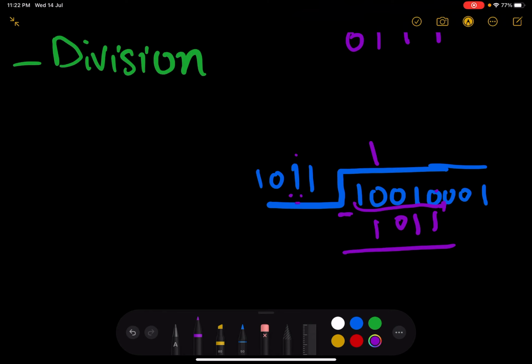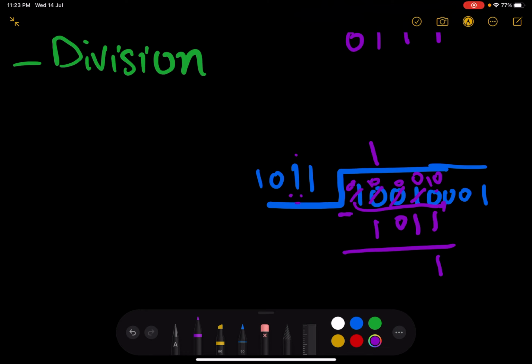So 0 minus 1, for this part we need to borrow. So here we're going to have 1, then also we need to borrow here.